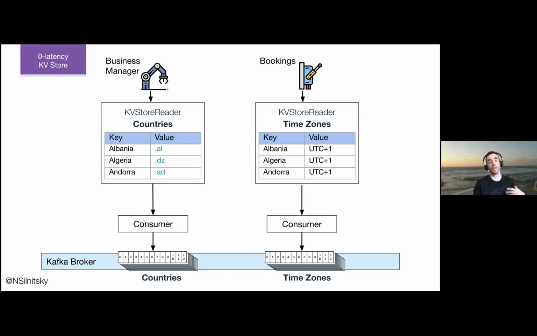So we have the countries topic in Kafka, and it can load that information. And we can also have, for instance, the booking service that is in charge of helping site visitors book lessons like yoga lessons, stuff like that, from Wix site owners.